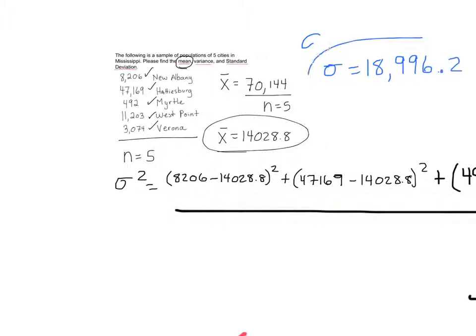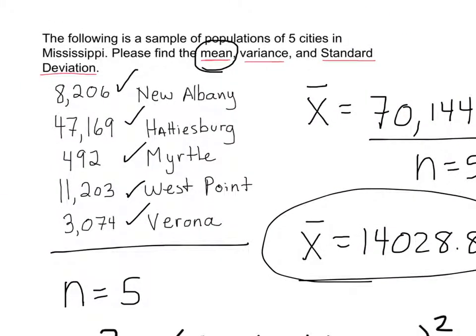So when I say my standard deviation is 18,996, here's what I'm saying. I'm saying the average distance each of my values is from the mean is 18,996 units away. And so we did what the question asks. We found the mean, the variance, and the standard deviation.